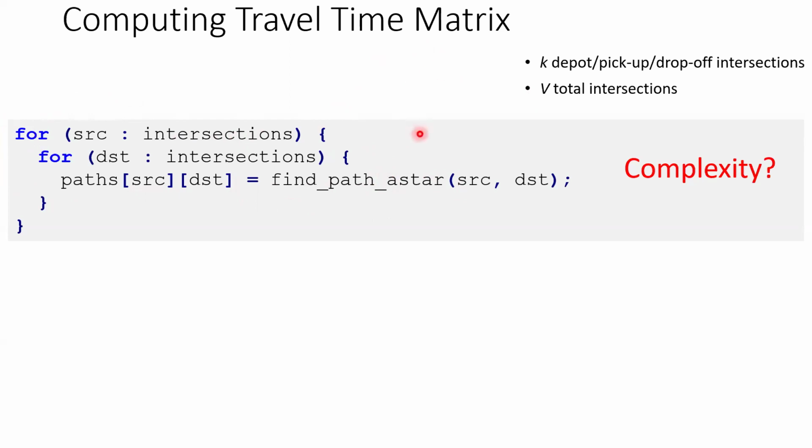We have K and V. K squared to go through the nested for loop, and there's also a time to compute the path from A star. What's the complexity of A star? It's V log V. So the complexity is K squared times V log V.